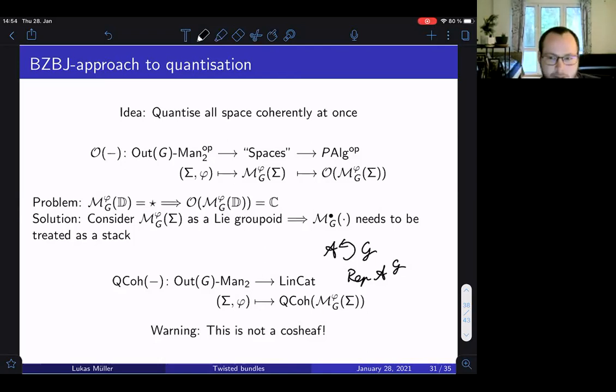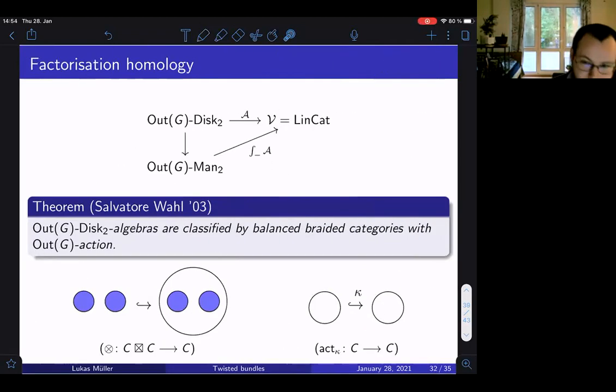The problem is that this is not a cosheaf, at least not as written here, but it satisfies a different type of locality property, which is described by something called factorization homology. So we have this large category on which we have our quasi-coherent sheaves.